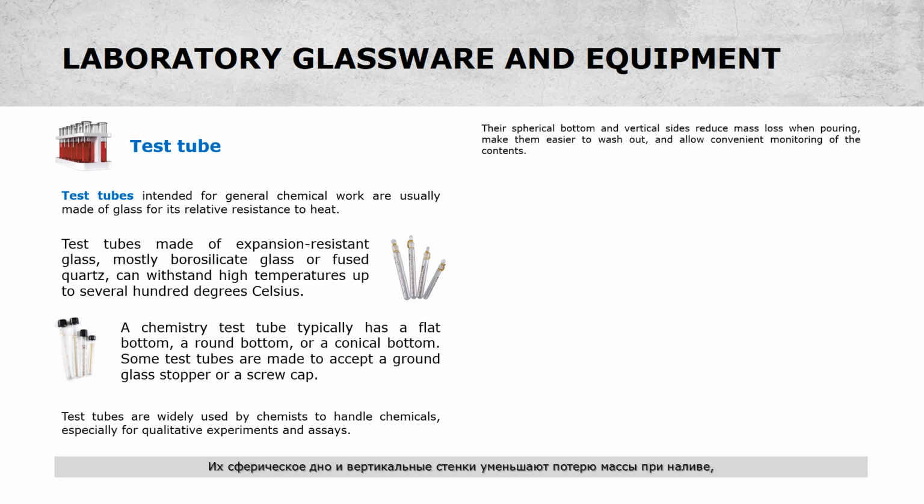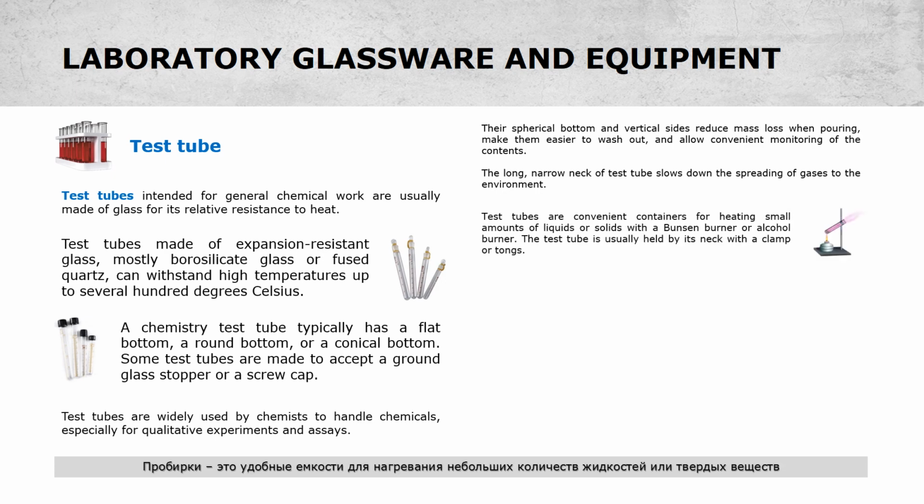Their spherical bottom and vertical sides reduce mass loss when pouring, make them easier to wash out, and allow convenient monitoring of the contents. The long, narrow neck of test tubes slows down the spreading of gases to the environment.